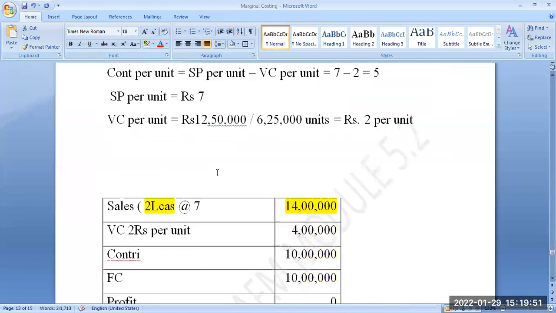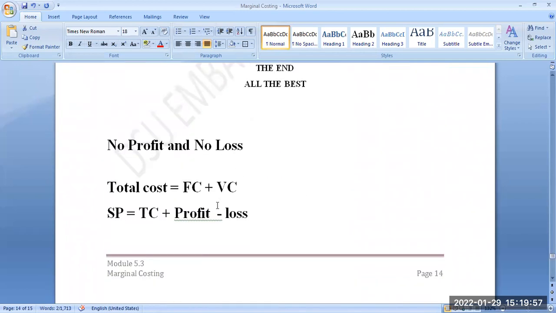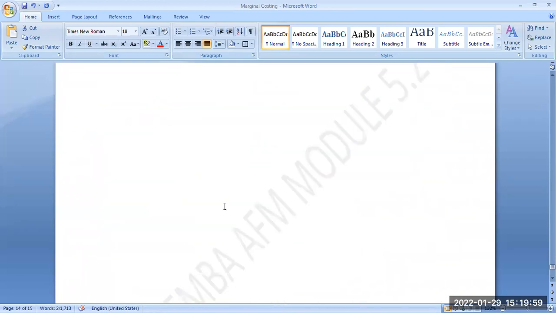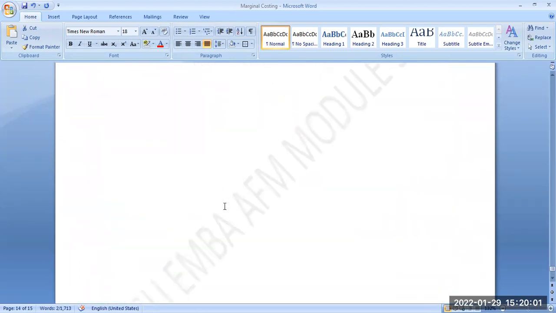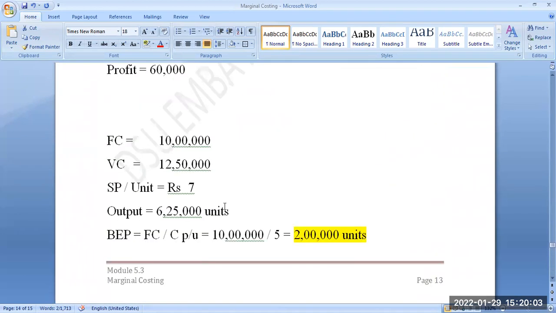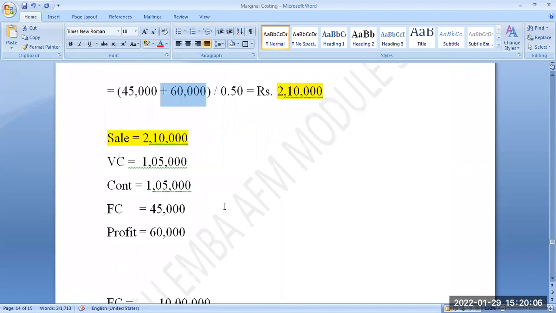So this is variable cost, marginal cost, and break-even analysis. Any doubt in this? Variable cost, fixed cost, marginal cost, break-even point, margin of safety, amount required to earn the desired profit.